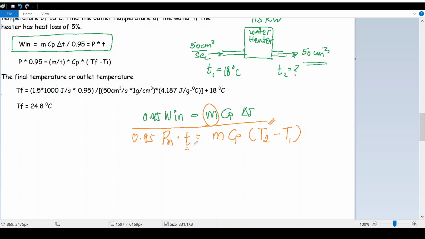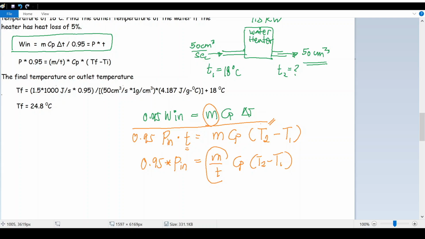I will transfer the temperature to the right side, making the equation 0.95 times the power in. This is the input power to the heater, which is the rating of the water heater, and the mass is to be divided by time, equals Cp, T2 minus T1.